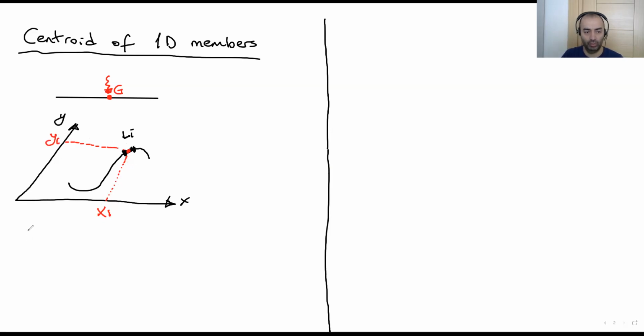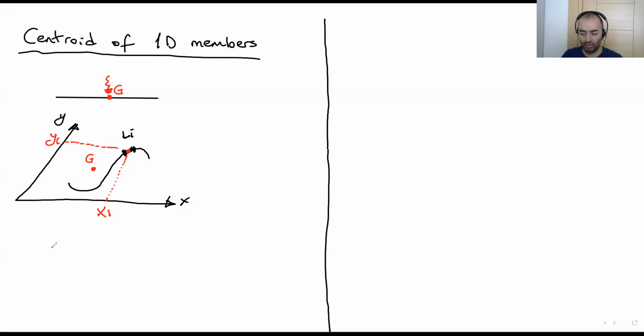We have two coordinates, but we are looking for the total shape's centroid point. Let's say it's this point. It might be out of the section, but we don't know where it is. So we're going to calculate this.